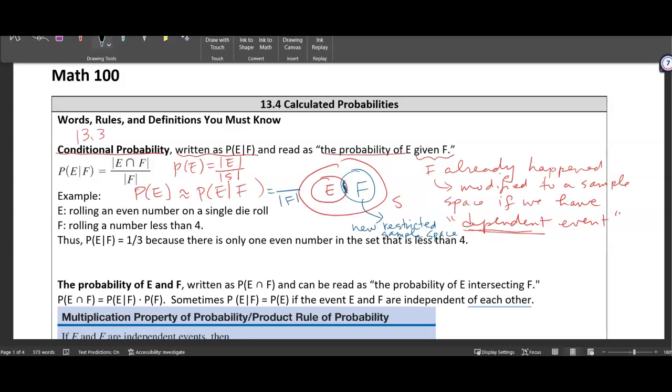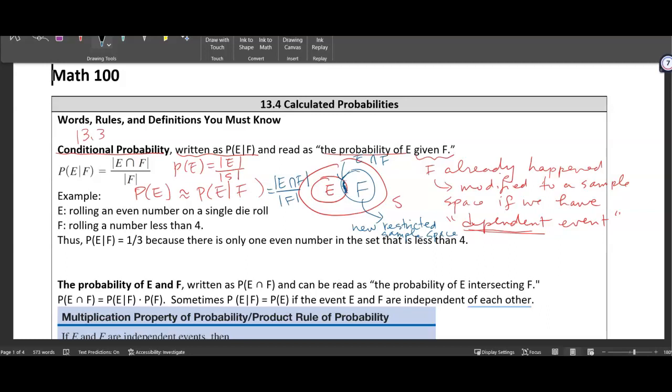In chapter 2, we said that this little part is E intersect F. So the cardinal number of E intersect F will be our numerator, because we are not going to consider the whole E. Our new sample space is only this F here, so E cannot be outside of it. We only consider the E that is within the new sample space F. It sounds like I'm speaking a foreign language.